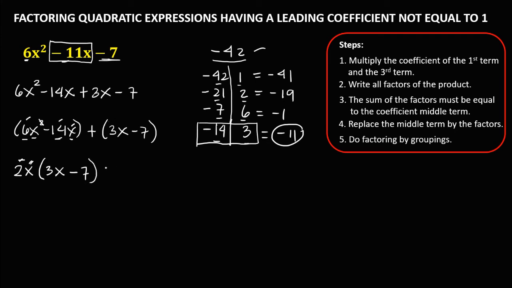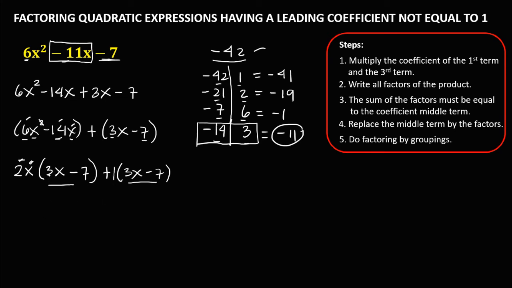Then for the second group, since 3 and 7 have no common factor, just bring down the second group. Then observe in the first group, we have 3x minus 7. And for the second group, we also have 3x minus 7. And we all know that there is an imaginary 1 for the second group.